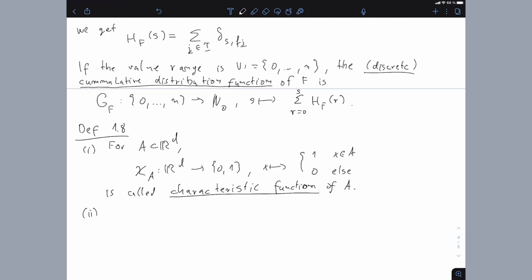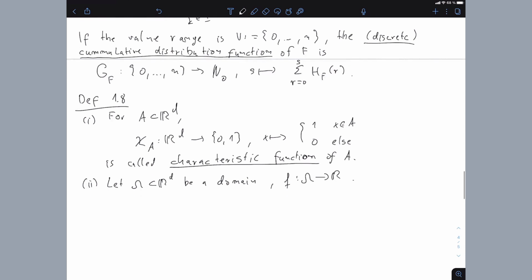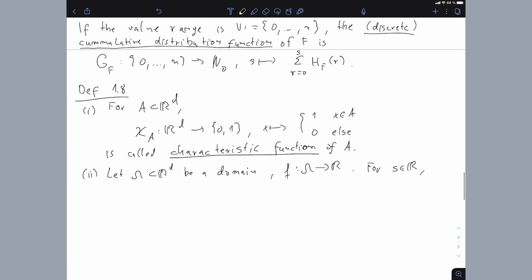And now to the level sets. So we take a domain omega, and again an f from omega to R. And now for any value s, we define, as short notation, {f = s}. These are those x in omega where f of x is s.